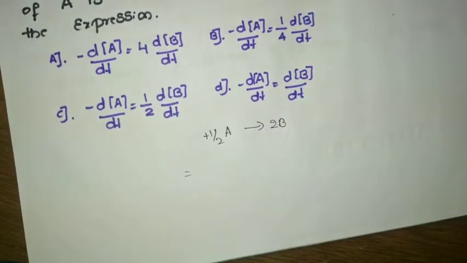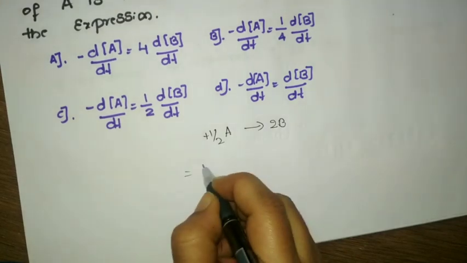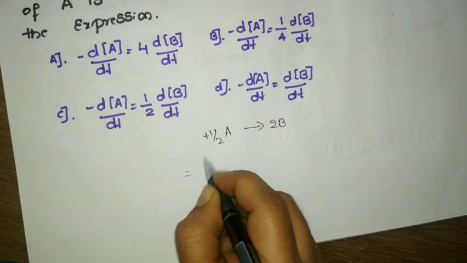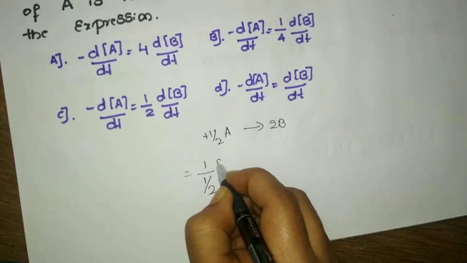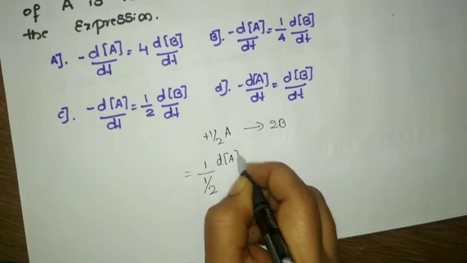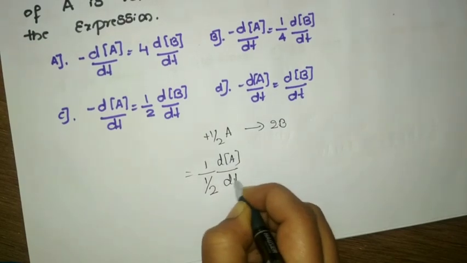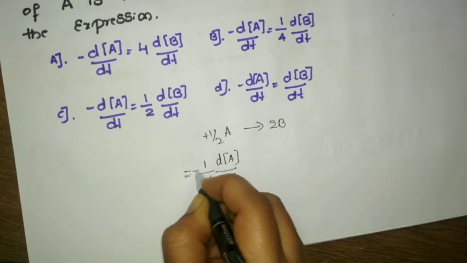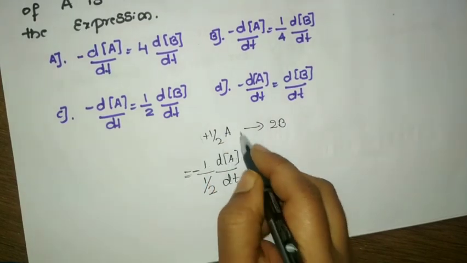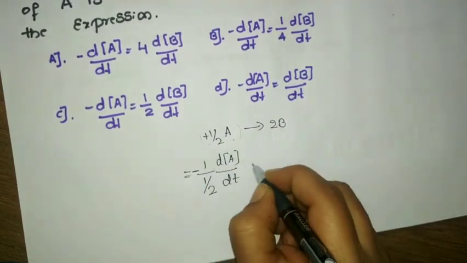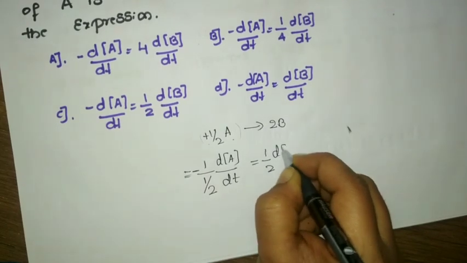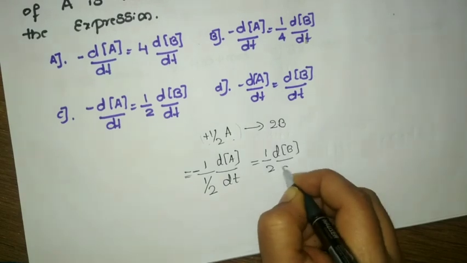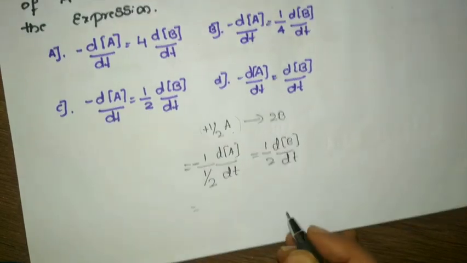I showed how to write a rate equation, so if I apply the same method over here, what happens? 1 by 1/2, the change in the concentration of A with respect to time. Here we need to write a minus sign, since it is a reactant and its concentration is decreasing, equal to 1 by 2 dB by dt. This is how we write the rate equation, right?